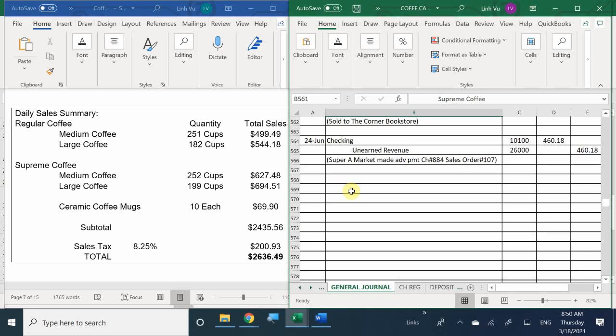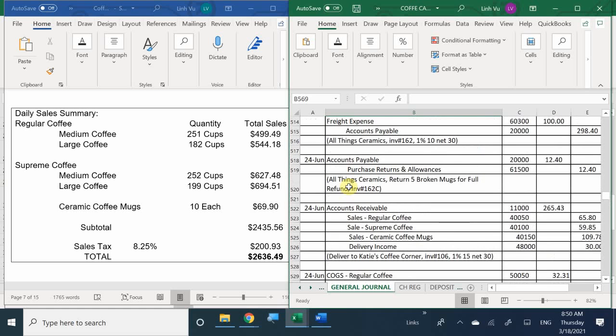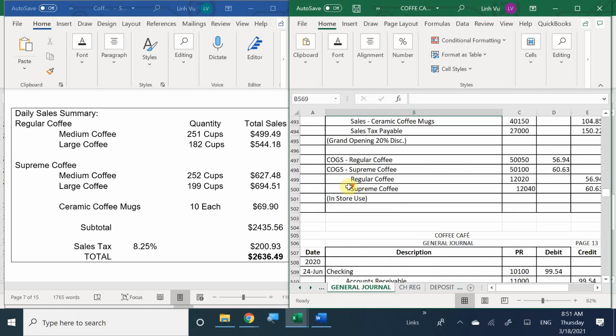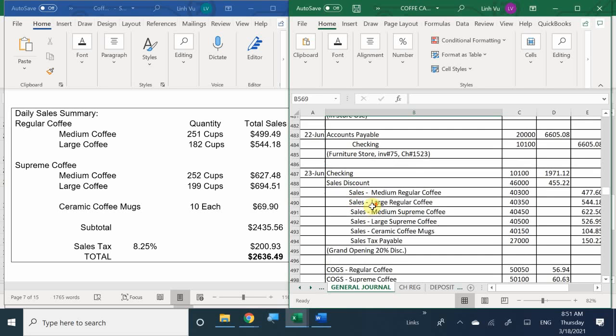So how am I going to journalize this? Checking and sales. Checking and then sales, so sales for everything, right? All of our various sales accounts.